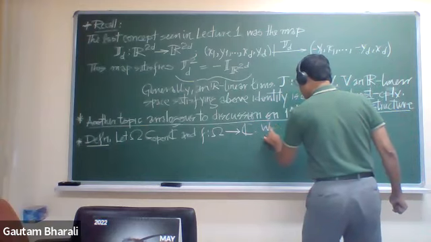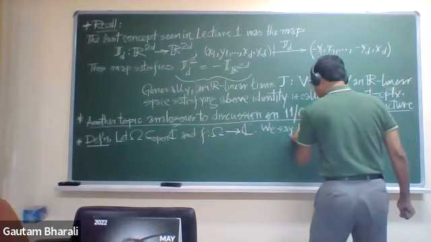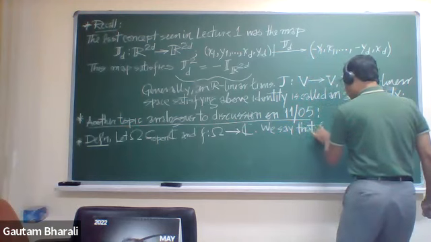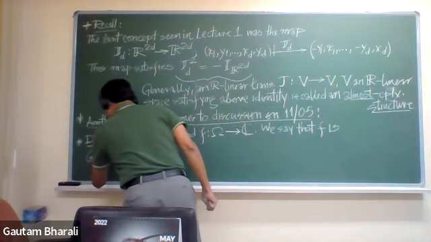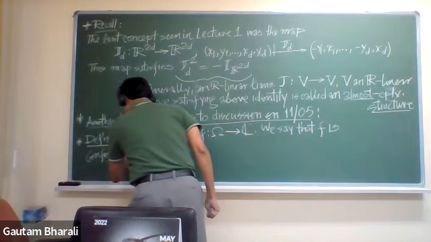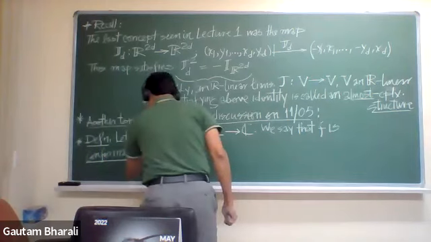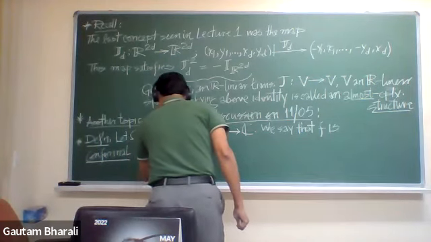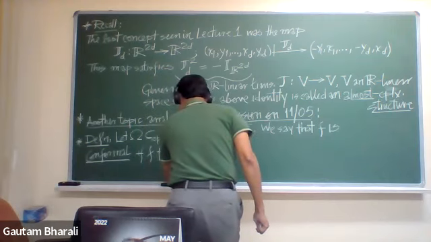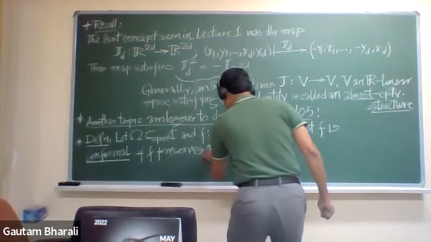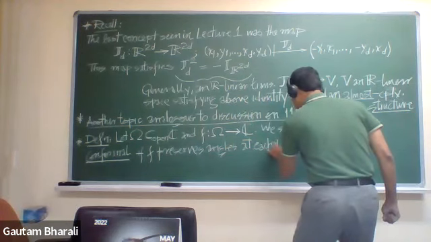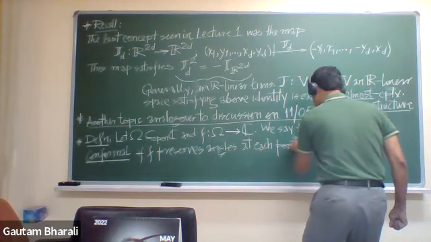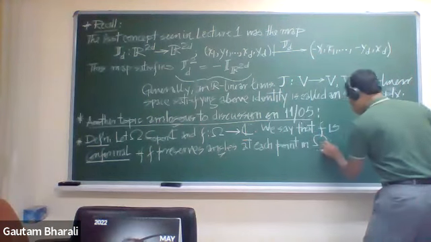We say that F is conformal if F preserves angles at each point in omega. Okay.